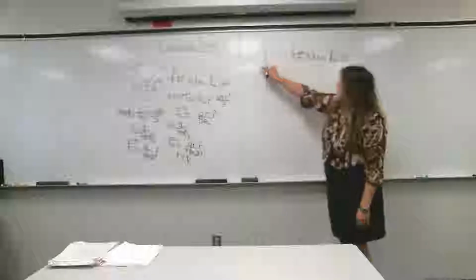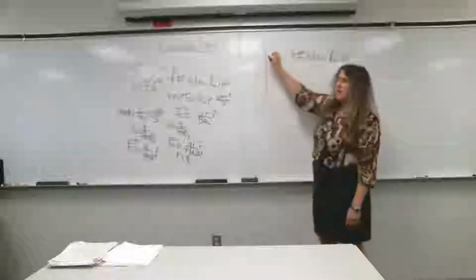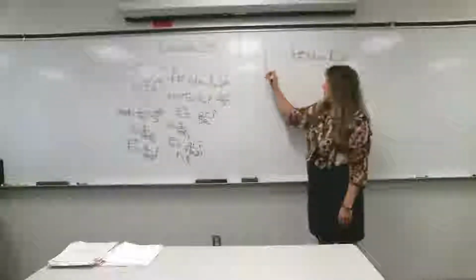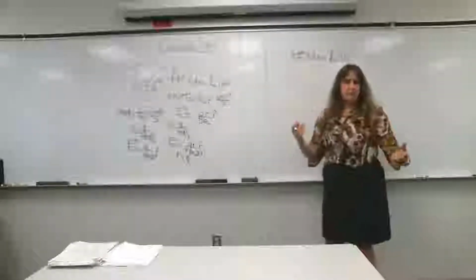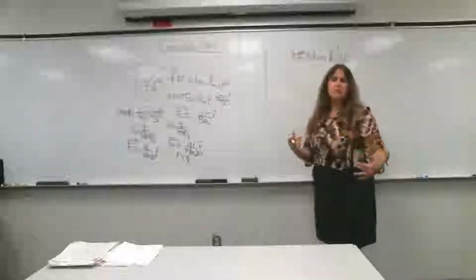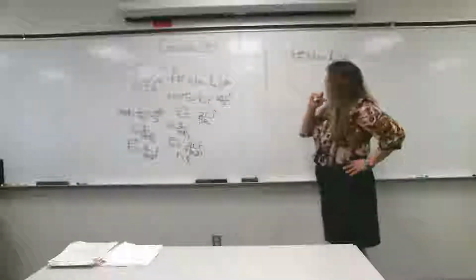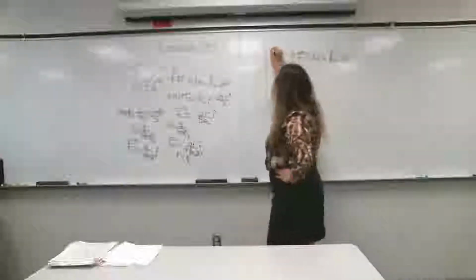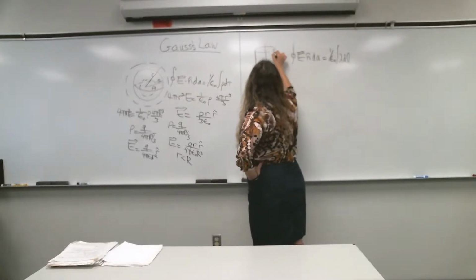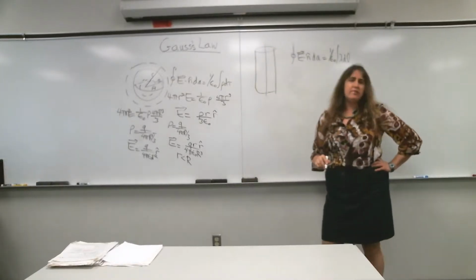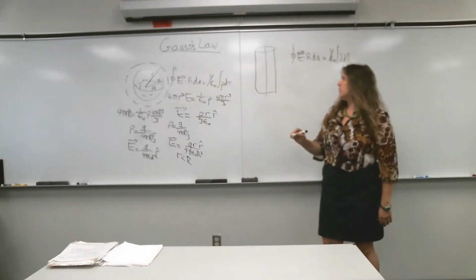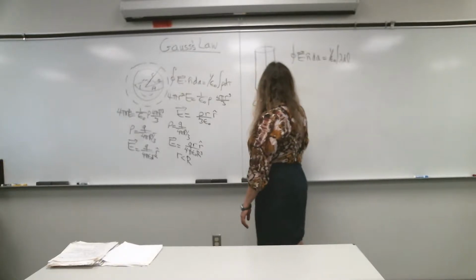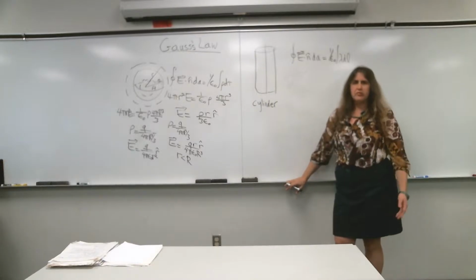Well, what do I expect here? If I have a very long line of charge, I would expect my electric field to have the same magnitude for all equidistant points away from that line. You'd also expect the electric field to be pointing outwards. So the choice in this case is to choose a very long cylinder.